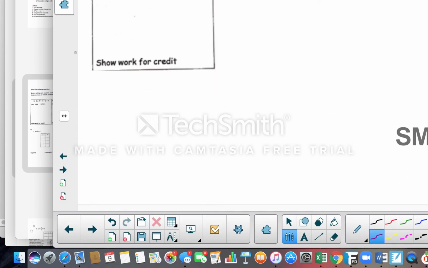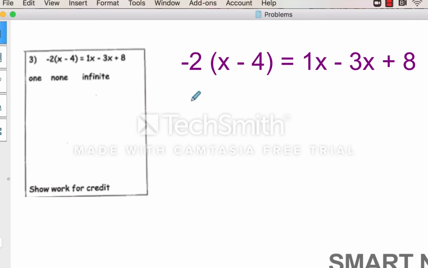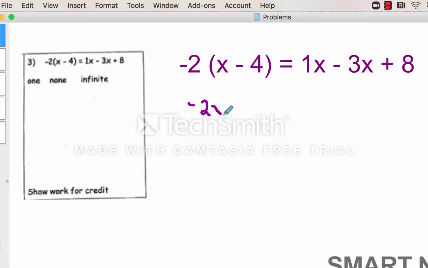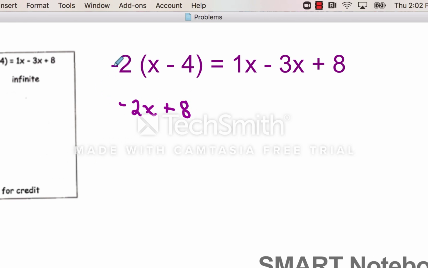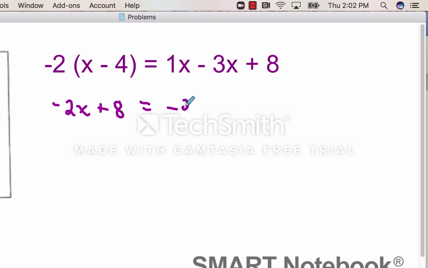And then this last one, you'd have to use the distributive property. So let's get this to say -2x plus 8. Right? And it's plus because you're distributing a negative to this negative, so negative times negative makes it positive. And then over here, 1x minus 3x, well, that's -2x.